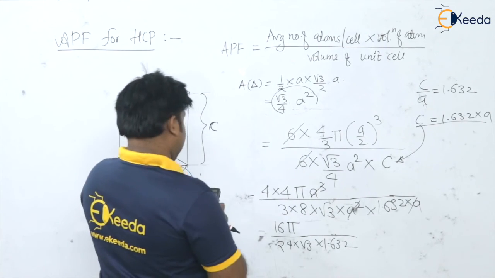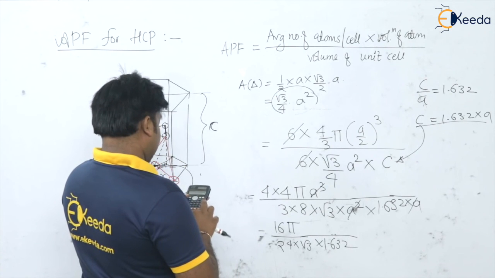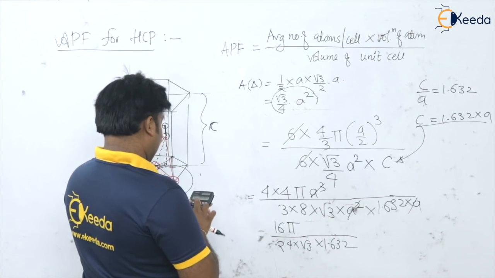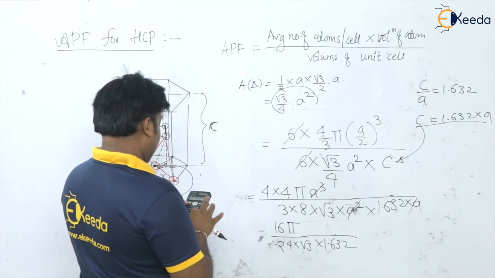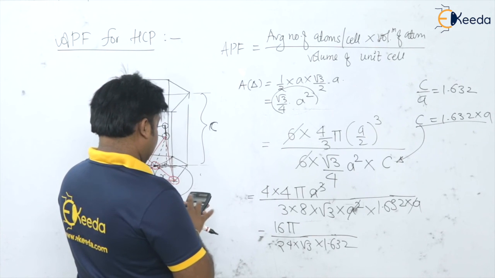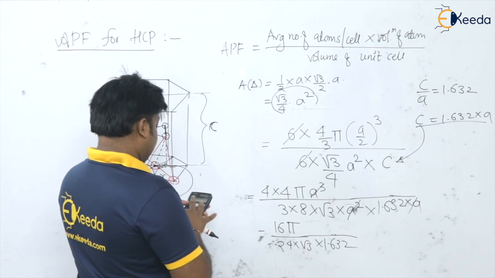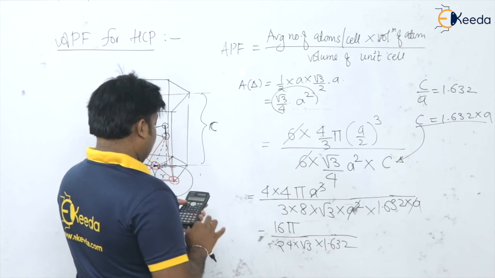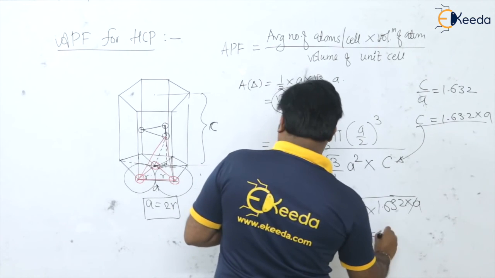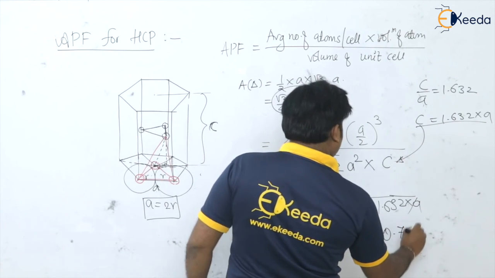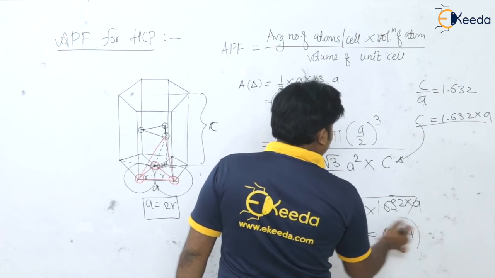Calculate this. If we calculate 16 pi divided by 24 divided by root 3 divided by 1.632, you will get 0.7409. So how much are you getting?